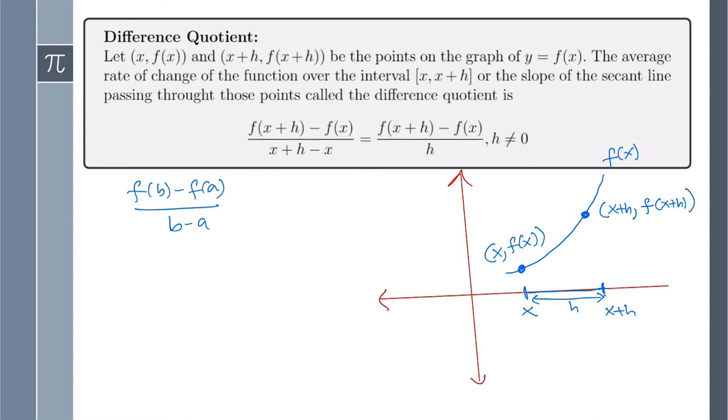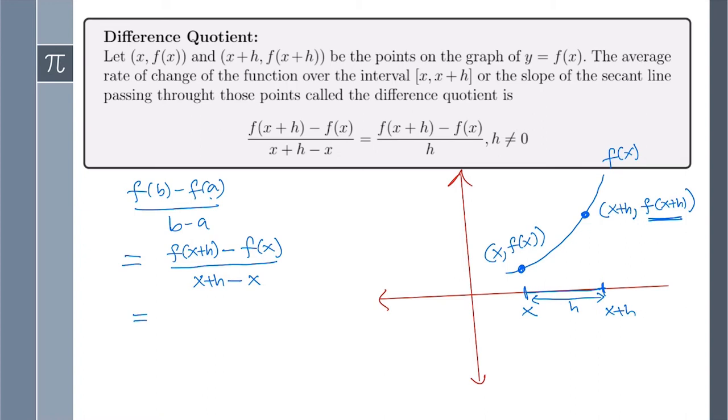Now, if we apply that average rate of change formula here, then f of b is f of x plus h, minus f of a is f of x, divided by b is x plus h, minus a is just x.